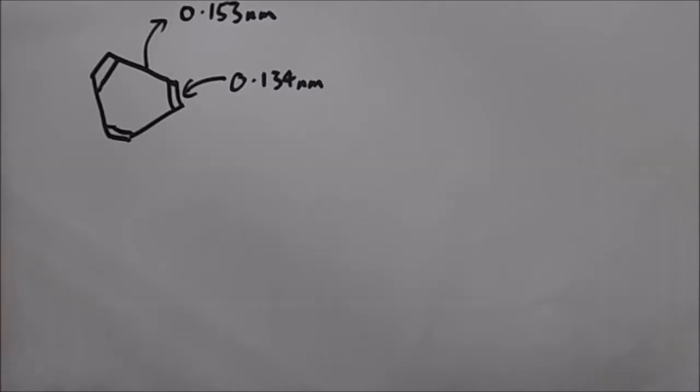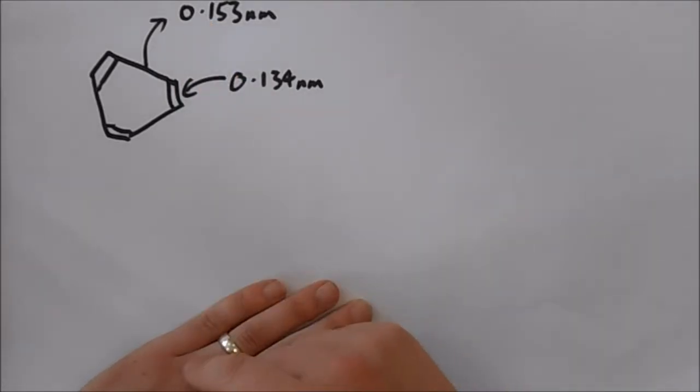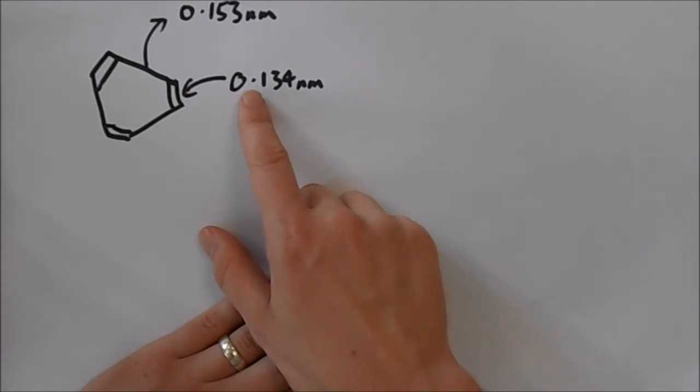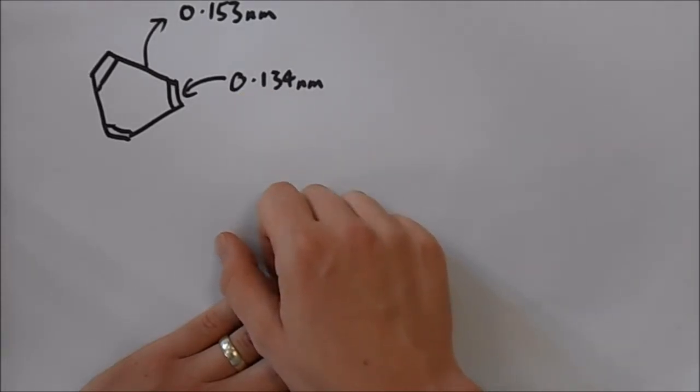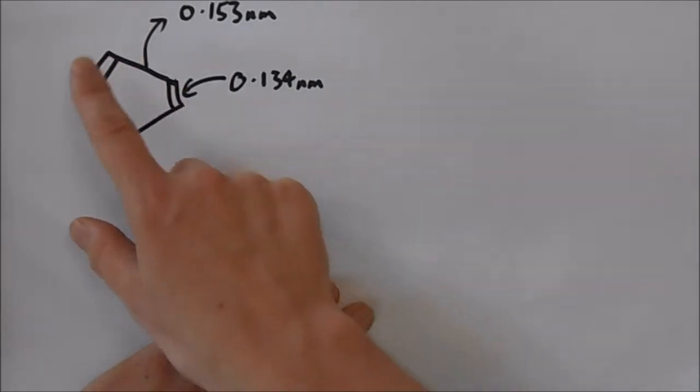It's a thrilling read. But what this leads to is the final piece of evidence about Kekule's structure, and why it wasn't right. If you know the length of a C-C single bond, which is 0.153 nanometers, and you know the length of a C=C double bond, which is 0.134 nanometers, then you can draw out benzene like this.